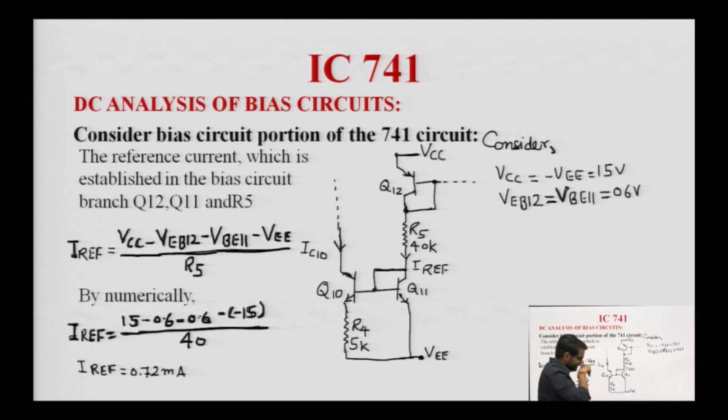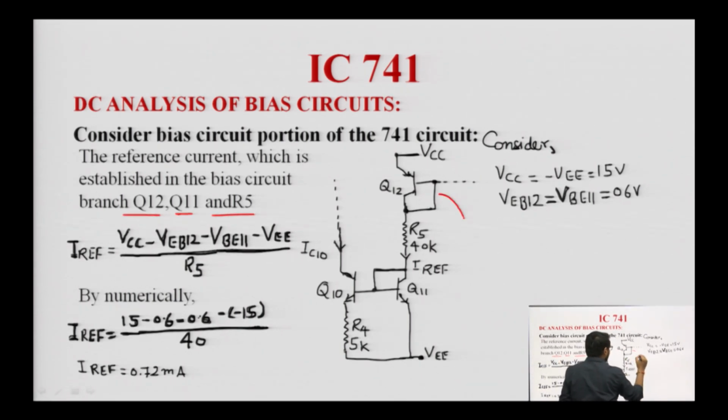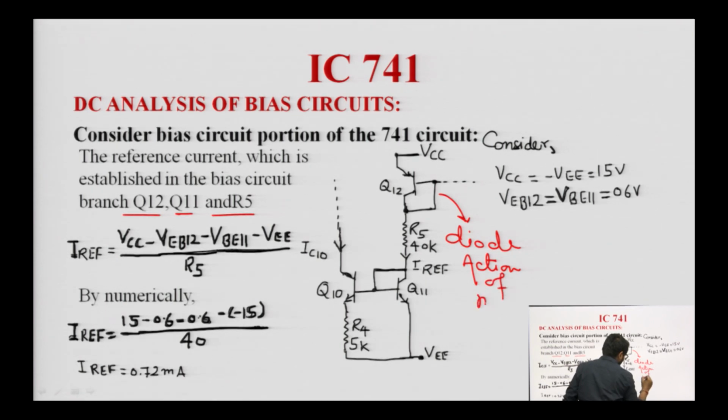So, we start the DC analysis of the IC 741 internal circuitry part by part. Consider first the bias circuit portion of the IC 741. We see that the reference circuit is established in the bias circuit branch of Q12, Q11 and R5. Okay. This is the diode action of the BJT, and it gives this arrangement.